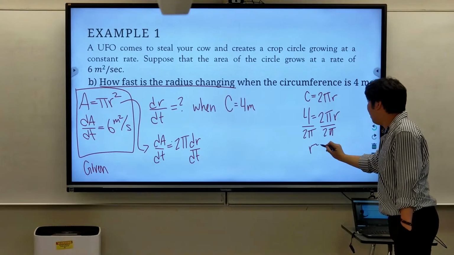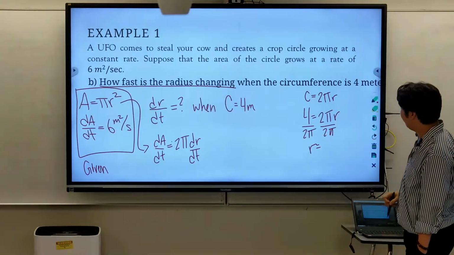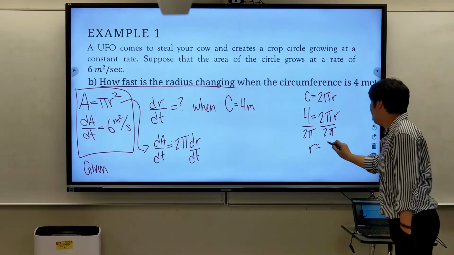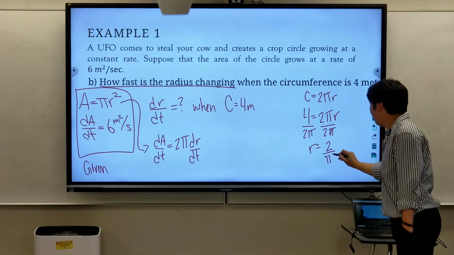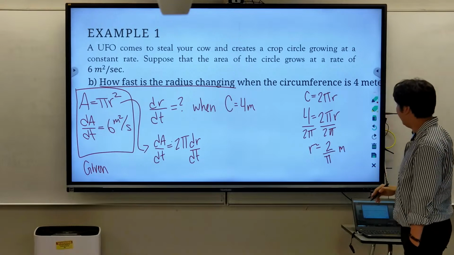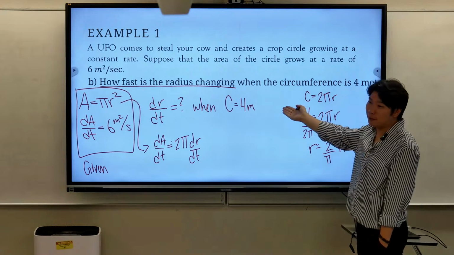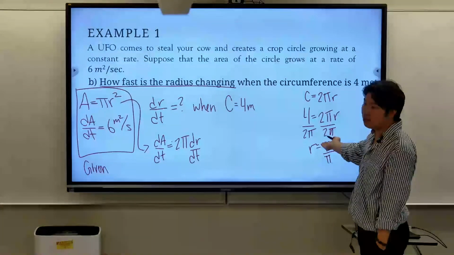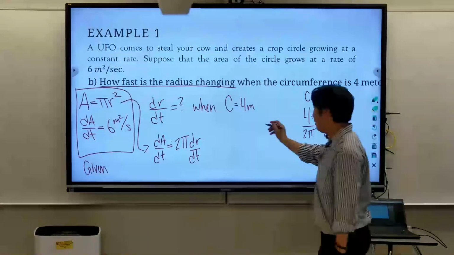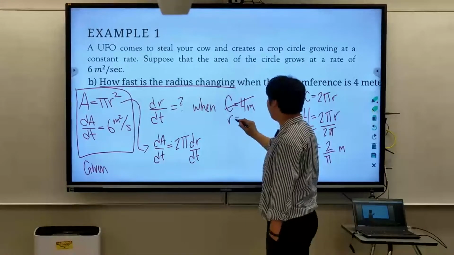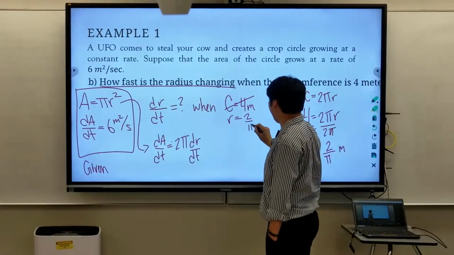We get r is equal to 4 over 2 pi, which is 2 divided by pi meters, technically. So when circumference is 4 meters, radius is 2 over pi, meaning I can just say r is 2 over pi meters.